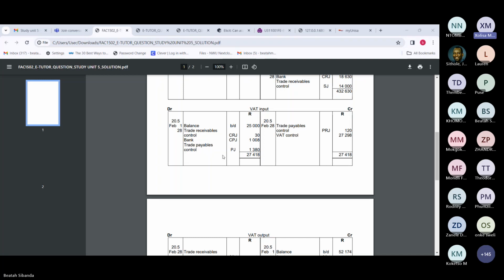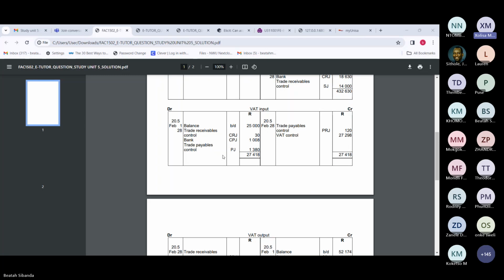Okay, so then we close off our accounts, and you see that at the end of it all, SARS essentially now owes us 27,298.